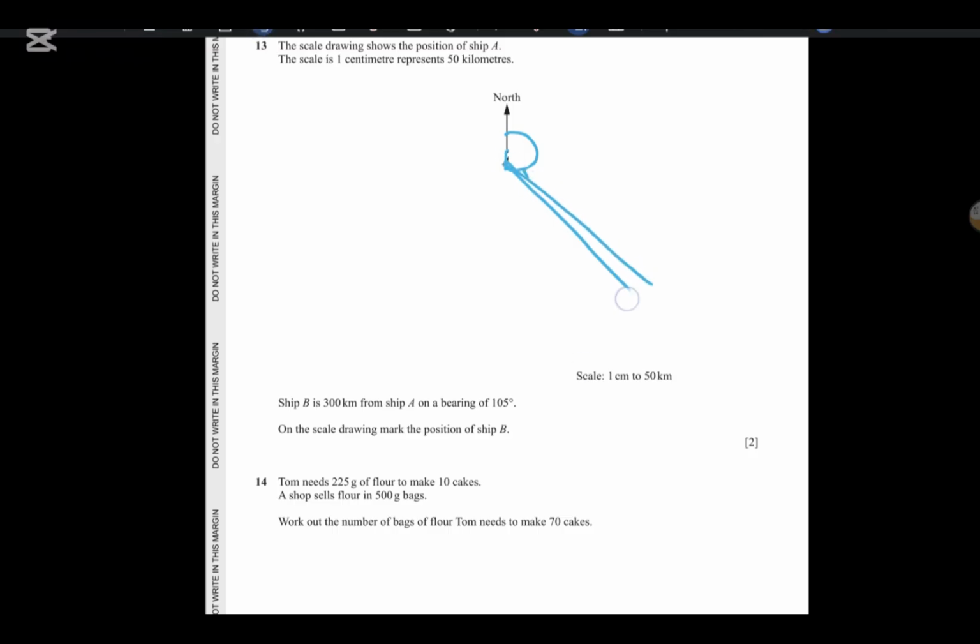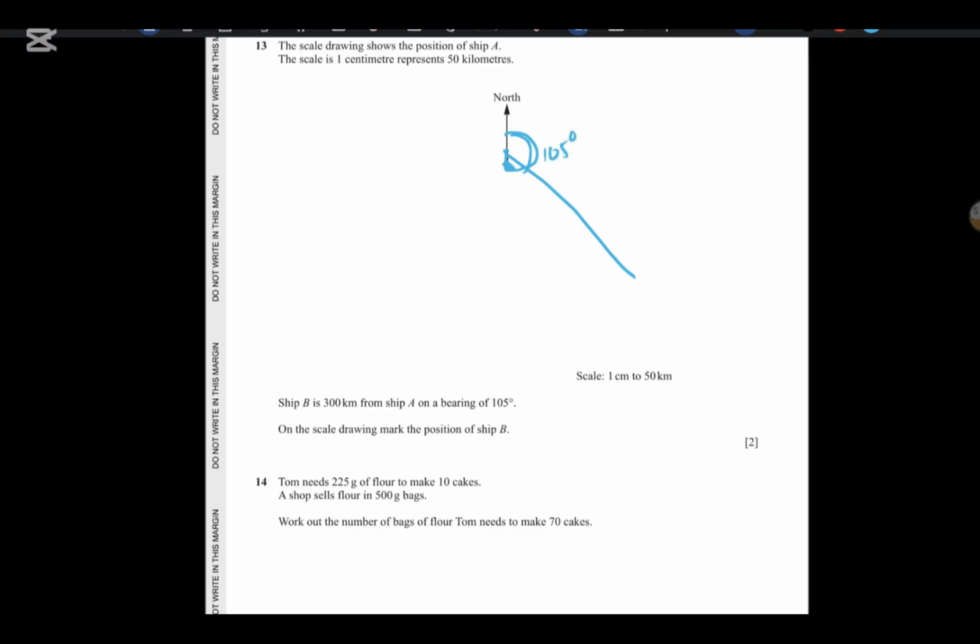You can check with your protractor. I will make a video on this and put the link in the description box. So this is the 105 degrees bearing here.